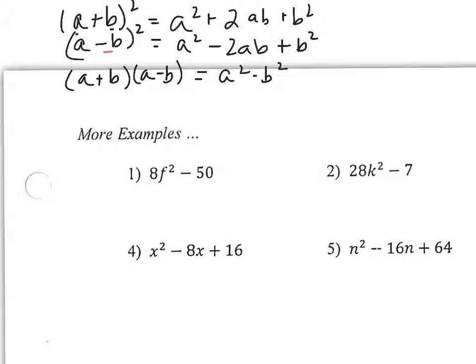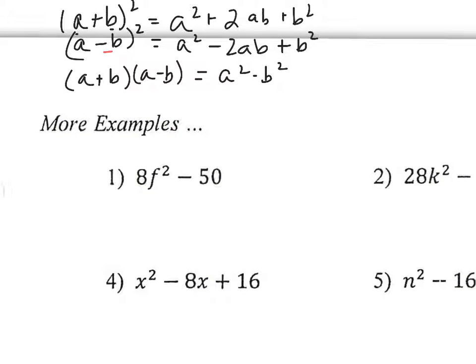So example 1. Every time you do these, you want to see if you can factor out a greatest common factor. Is there a number or an expression that you can divide these two by? I'm going to divide them both by 2, because that's the greatest common factor of each of them. I take out a 2 on the outside, and I'm left with 4f squared minus 25.